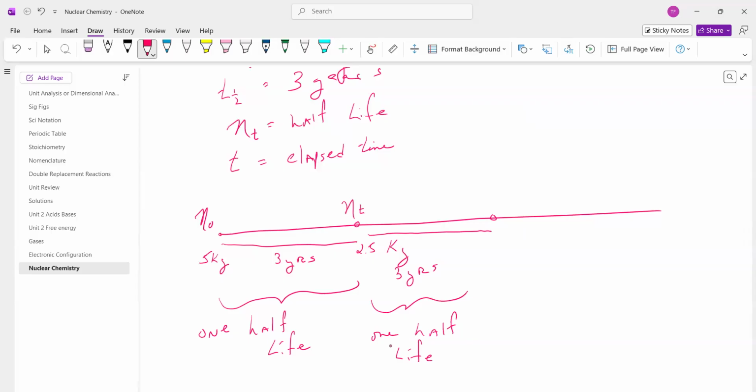So that's going to be 1.25 kilograms. So how many half-lives have I gone through? Two.